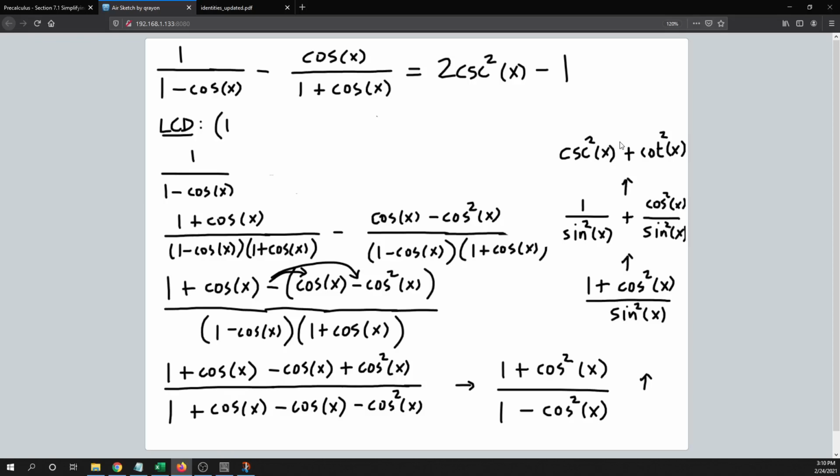Okay, so this would become cosecant squared x plus, and then cotangent squared is cosecant squared x minus 1.